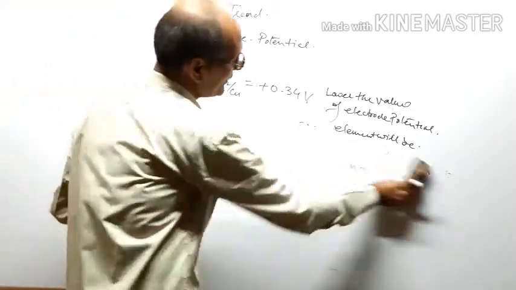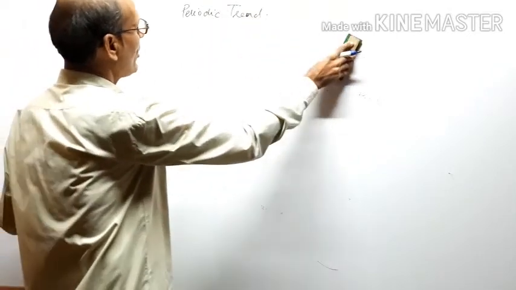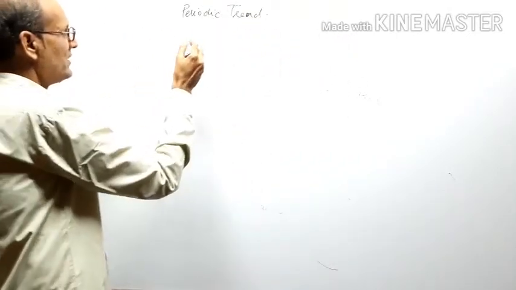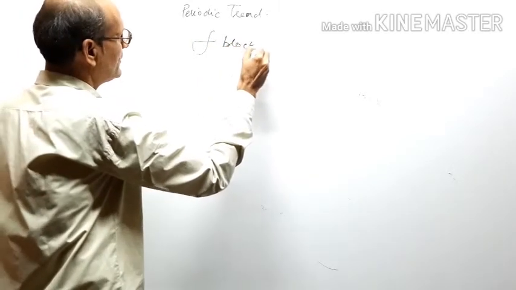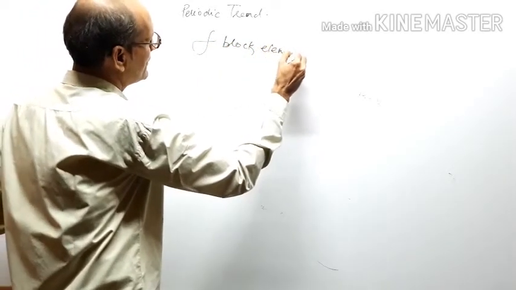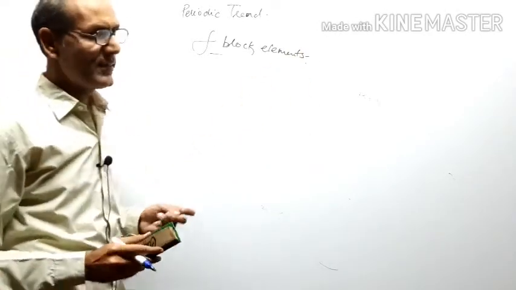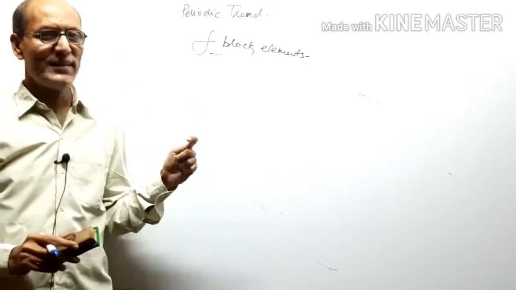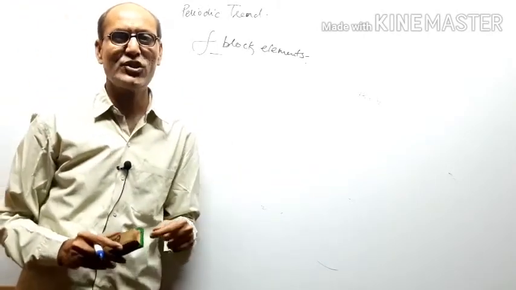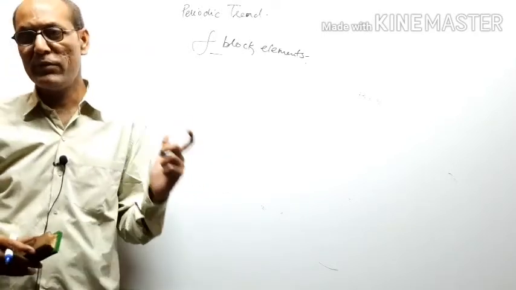Now dear student, moving towards the F block elements. What are the F block elements? As you know, in the D block elements we have studied, when the differentiating electron enters the D subshell, they are called D block elements.